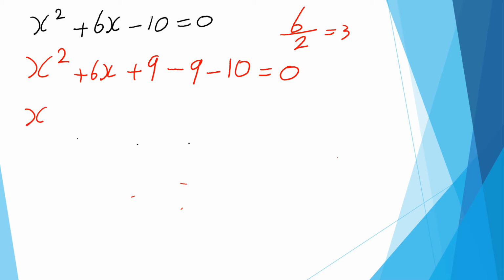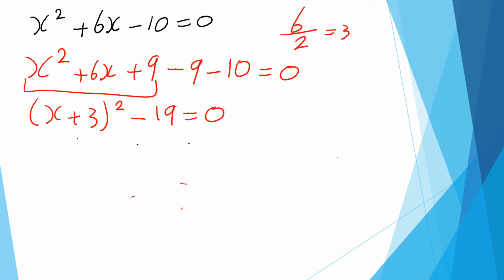Now this one here, factorize those three terms, gives me (x + 3) all squared. And then this one here, we've got negative 19 equals 0.